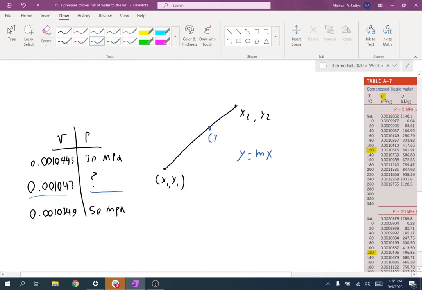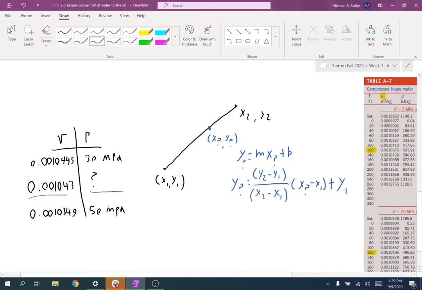I'll call this point x question mark, y question mark, so y question mark equals m times x question mark plus b. My slope is just the rise over the run, so plus my x, and here we actually have to write x question mark minus x1, plus my y-intercept, which is y1. That's one way I could write that equation.